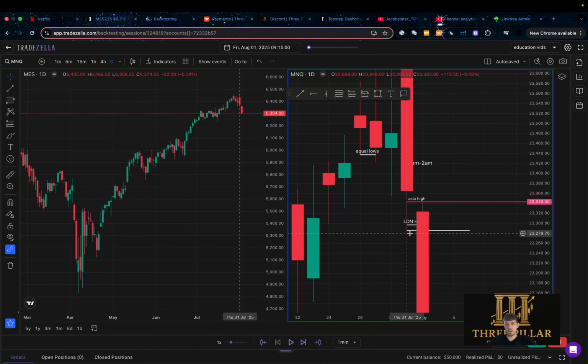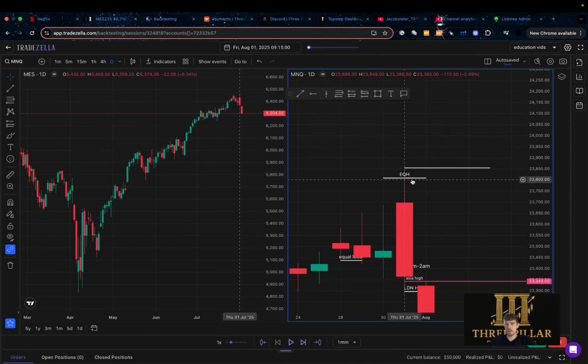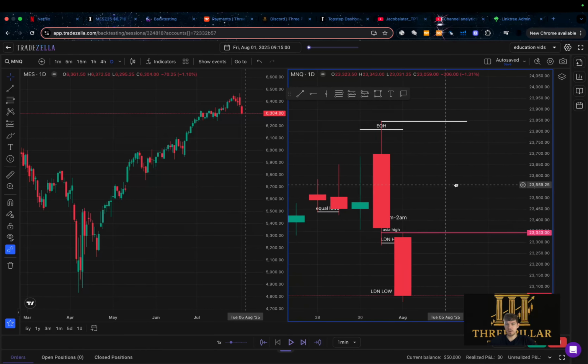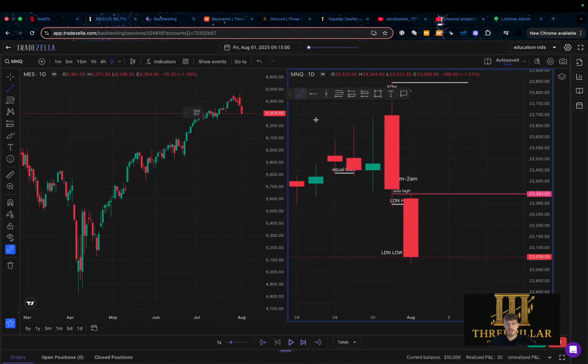But as you can see, we've already taken this low with the next daily bearish candle. So the actual previous day high is up here. That's your previous daily high candle. And then we've also got the daily low, which is here, and the daily high, which is there.